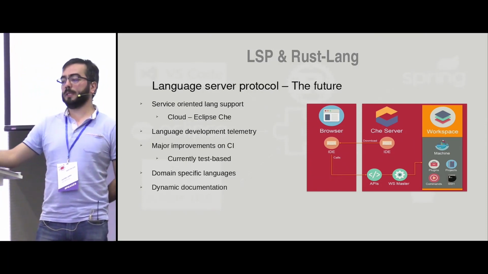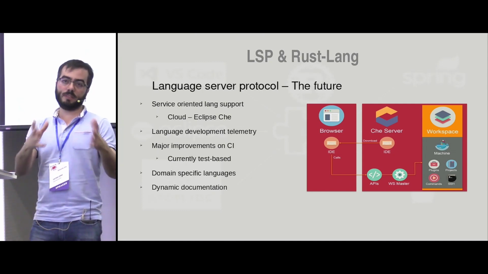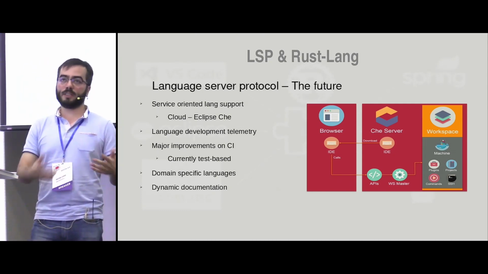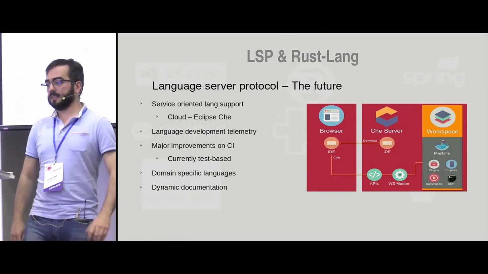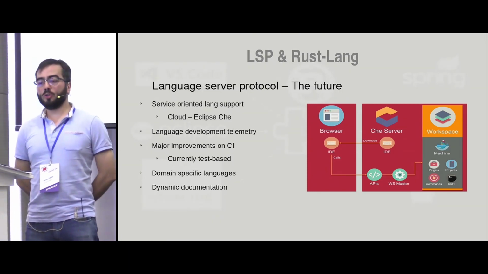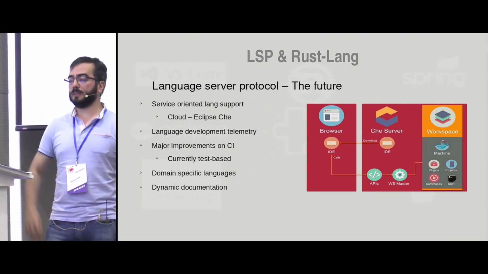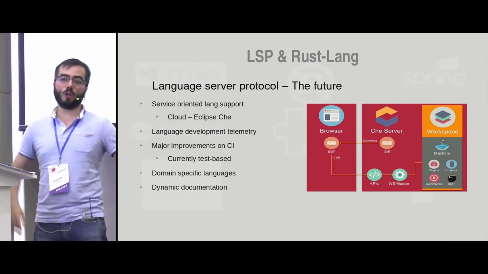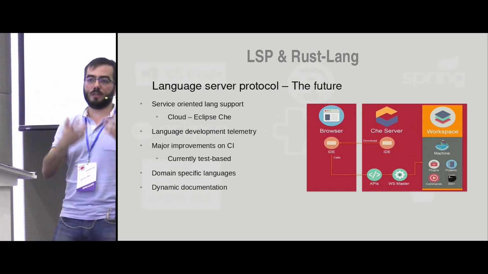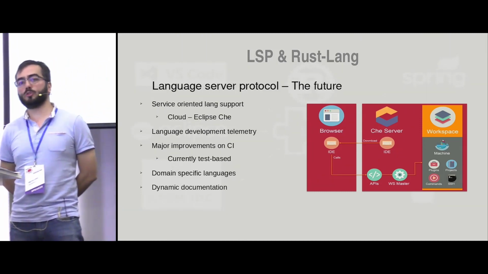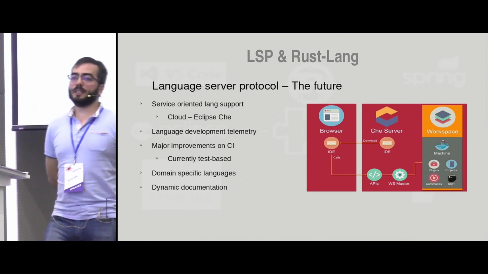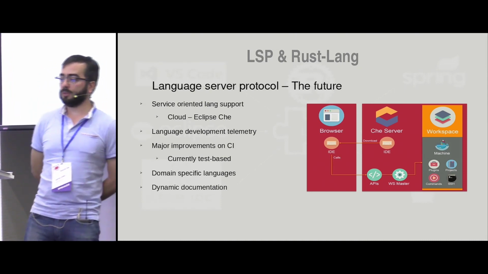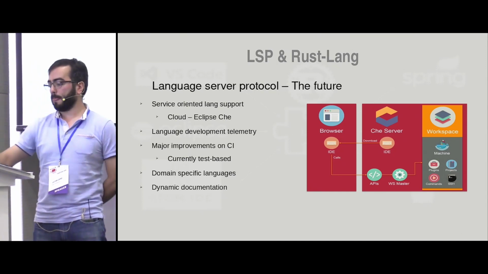We also have some possibilities on CI, where the current paradigm is test-based, but we could interact with, for example, static analysis. And also, we have the possibility of using domain-specific languages to implement language servers. So not only for the developers of systems, but we could also specify the documentation of a company or any other, even natural language, with this support.